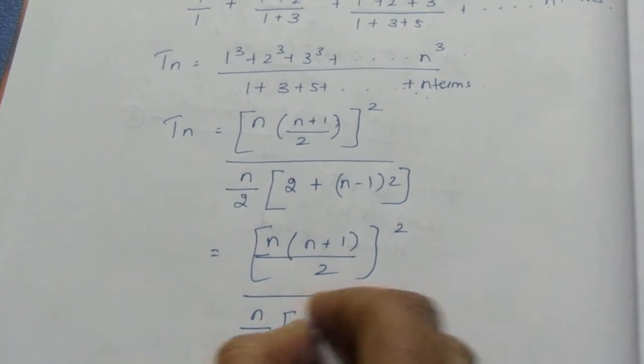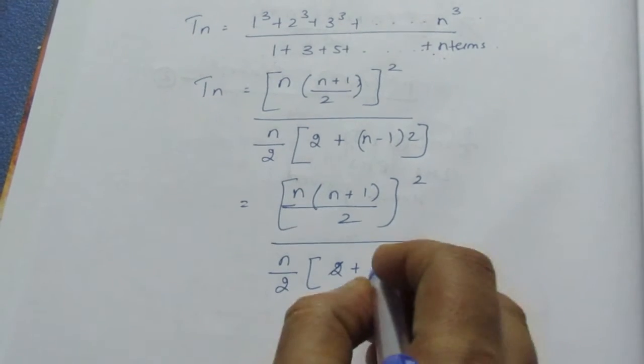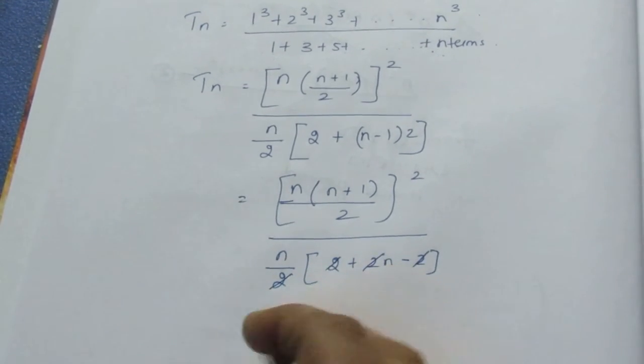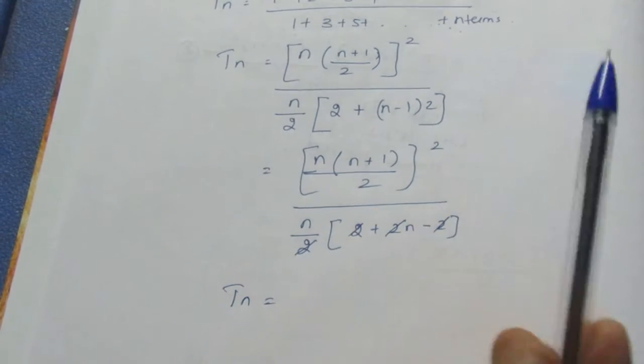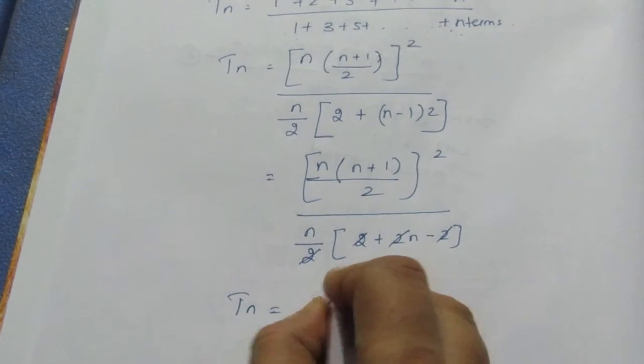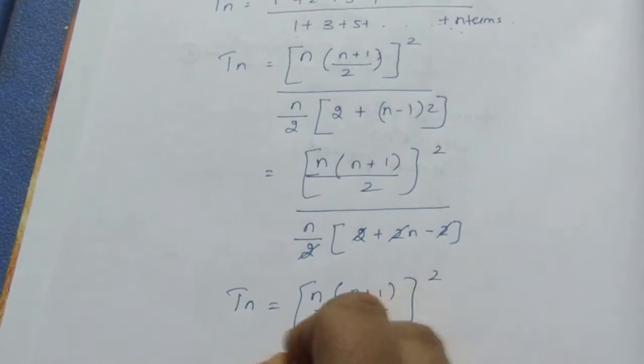The 2 gets cancelled and it becomes 2n. Here the 2 gets cancelled. Now n into n becomes n square. So Tn, as I told before, the sum of the odd terms is n square, is n into n plus 1 by 2, the whole square, by n square.